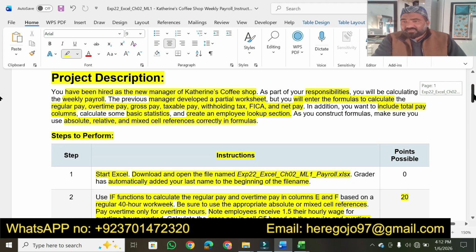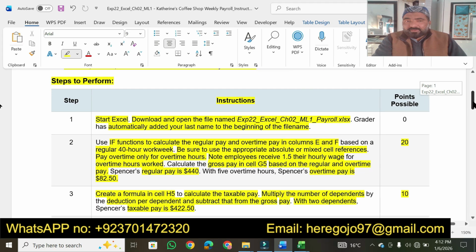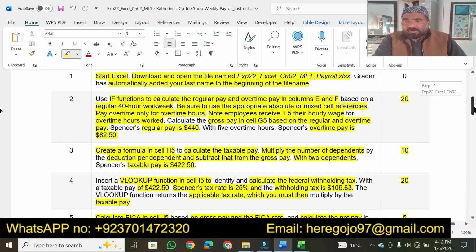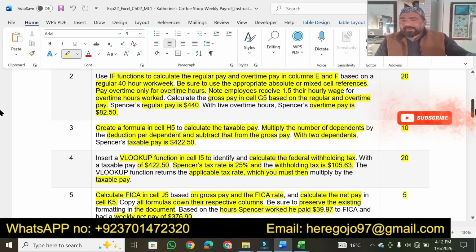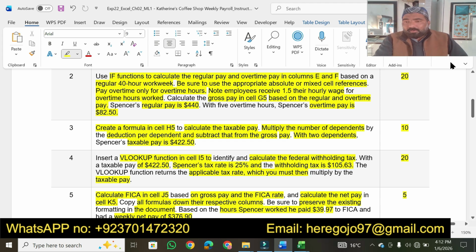After discussing the description, we moved toward the graded part, and we solved question number 1. Then we moved toward question number 2, where we have to solve 3 parts. In the first part we find regular pay, in the next part we find overtime pay in column F, and in the last part we find gross pay. We found all the values, and we also verified the answer.